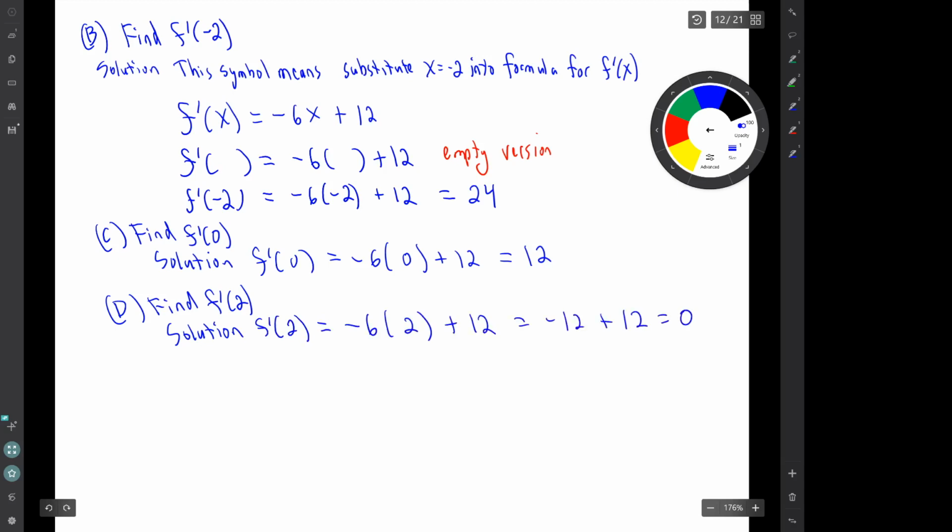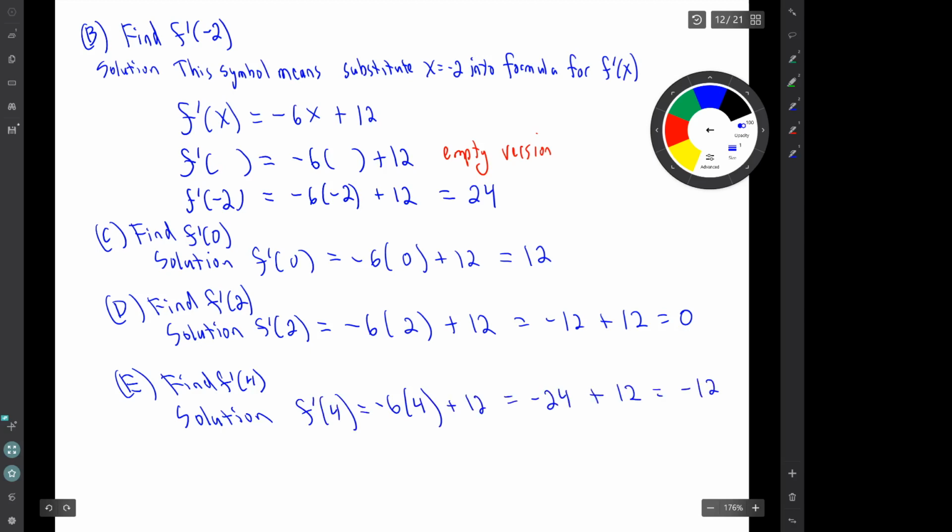Notice that we get that f prime parentheses 2 is the number 0. Finally, question E, we're supposed to find f prime parentheses 4. So the result is that f prime parentheses 4 is the number negative 12. Okay, now what's next?